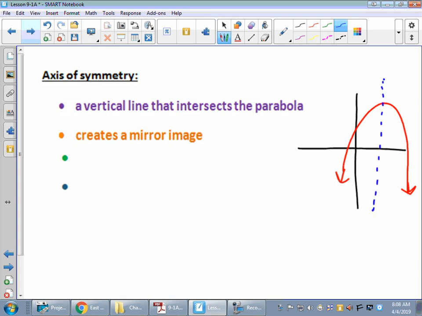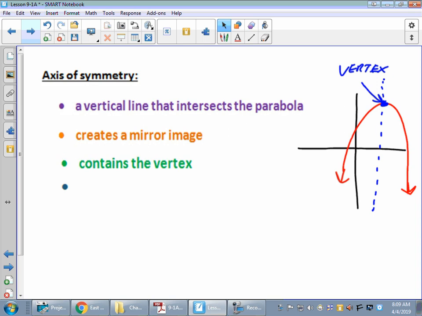It creates a mirror on the right and the left. It's going to look exactly the same. And it contains the vertex, because here would be the vertex point. That's the axis of symmetry.